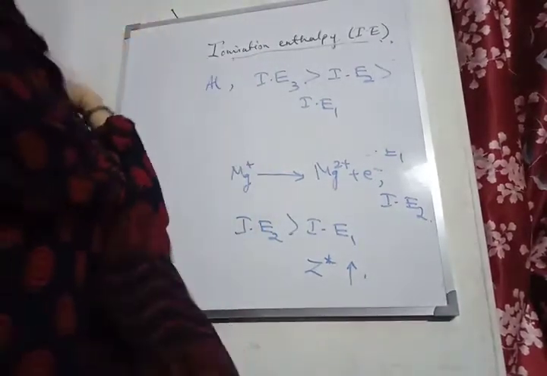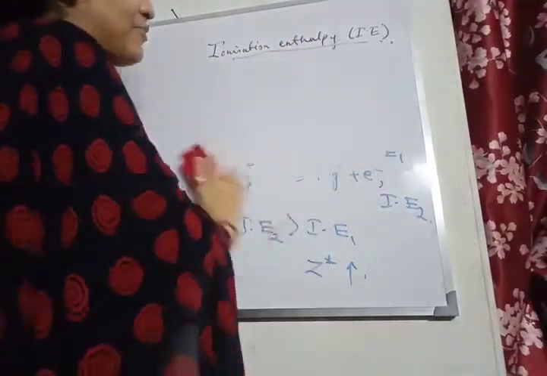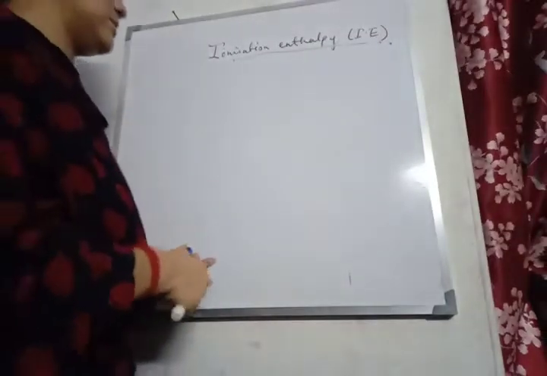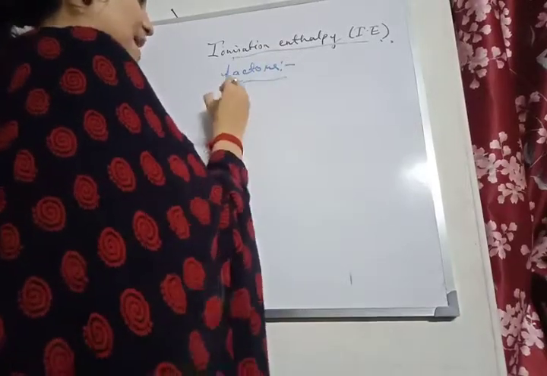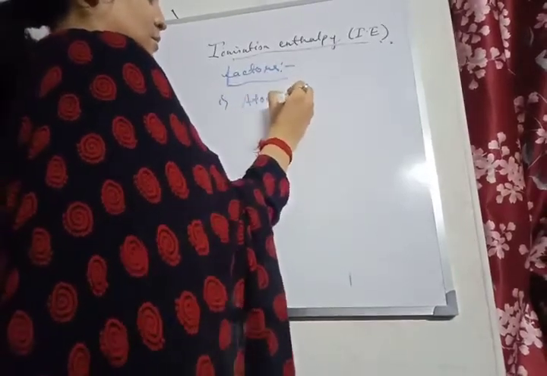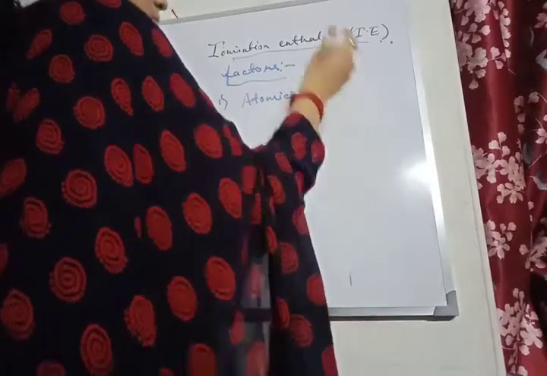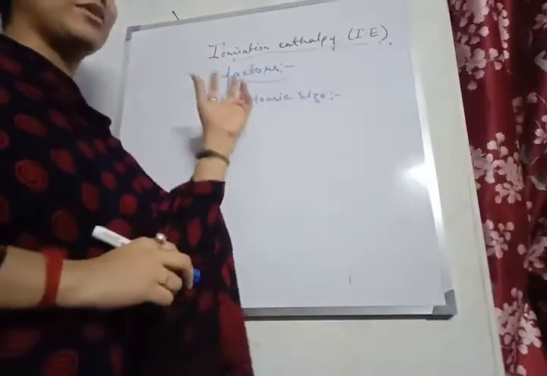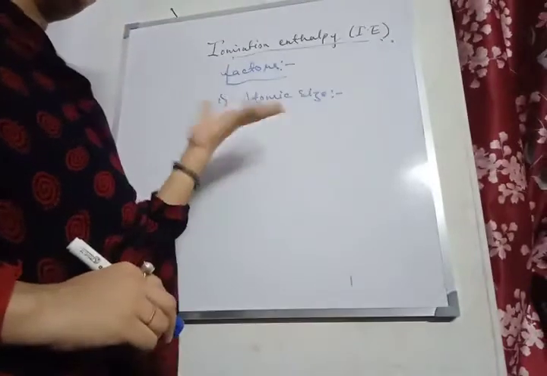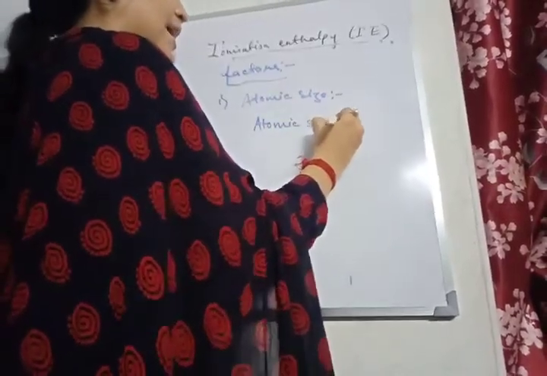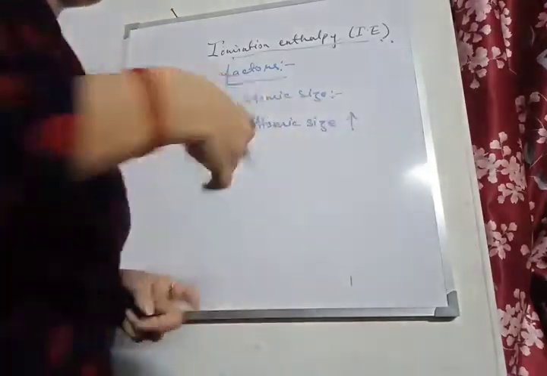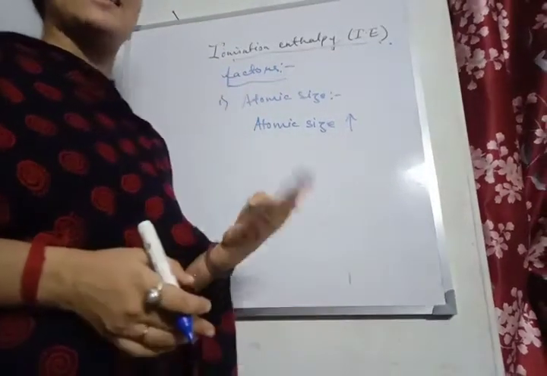Now we come to the factors affecting the ionization potential. Factor number 1, atomic size. Atomic size or radius is the distance between the nucleus and the outermost shell.